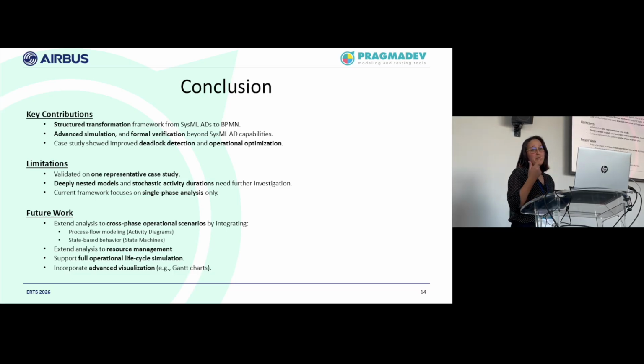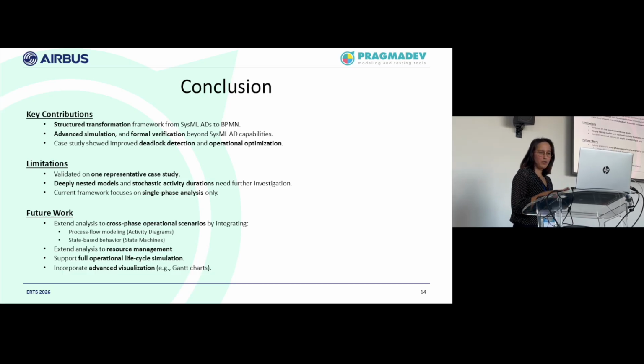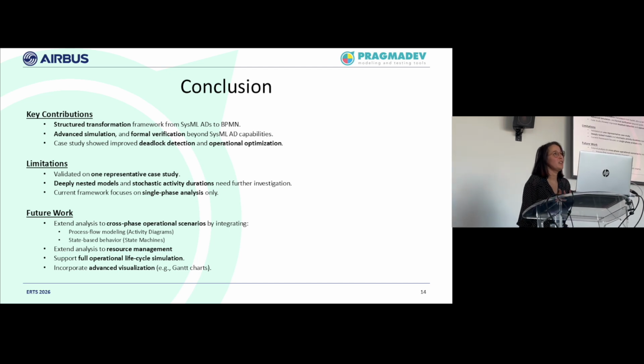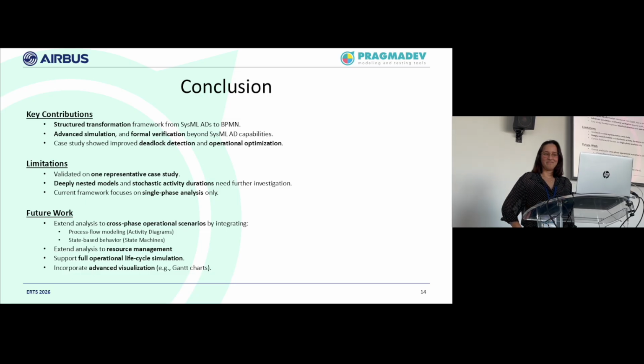Extend the analysis to resource management, because this is something we talked about but didn't test yet. And the last thing is advanced visualization, which we need to better interpret and understand the simulation results, like Gantt charts, for example.